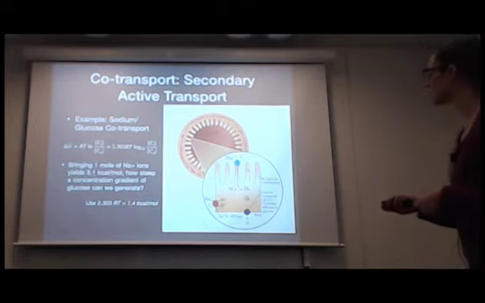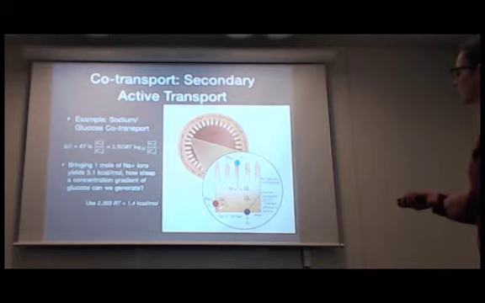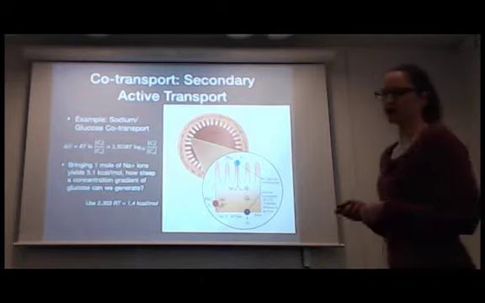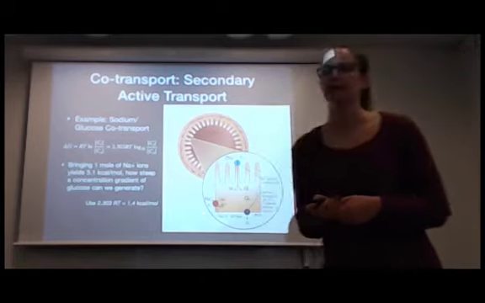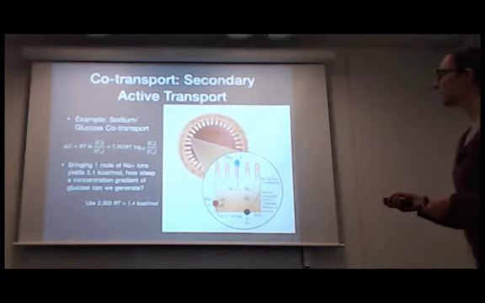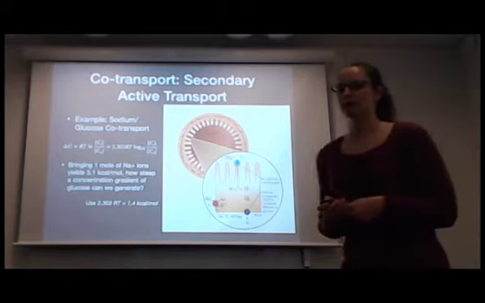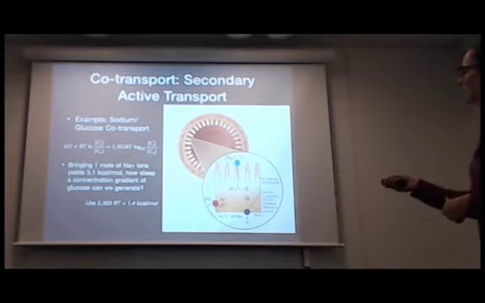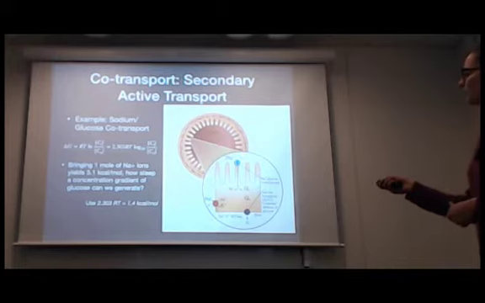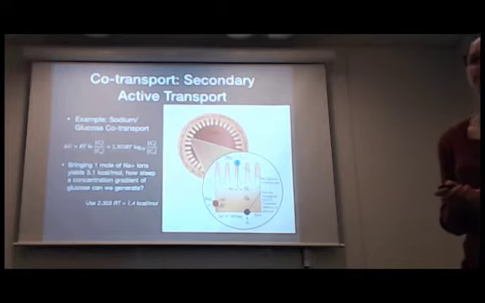And to do this, you need to bring enough energy. And so this type of active transport exploits the sodium gradient. And the way it works is that it will import 1 molecule of glucose for 2 molecules of sodium.